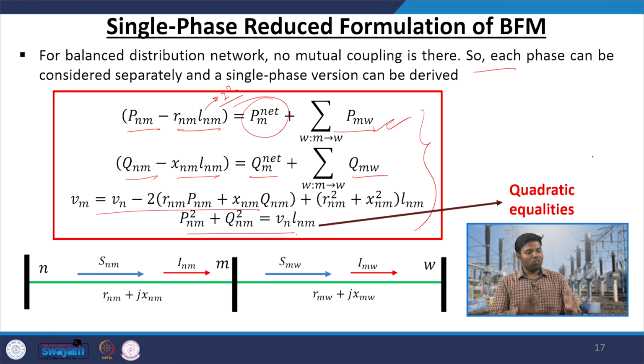Still, quadratic equality means it is a non-linear or non-convex expression you have in your system. You cannot guarantee a unique solution when your system is non-convex. You can only guarantee your solution is unique when it is a convex system.